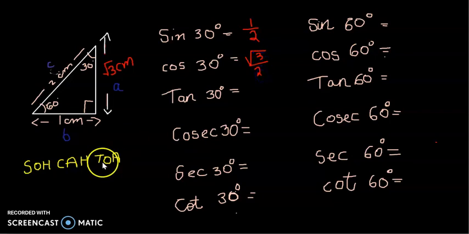Then tan 30 is opposite by adjacent, that is 1 over root 3.